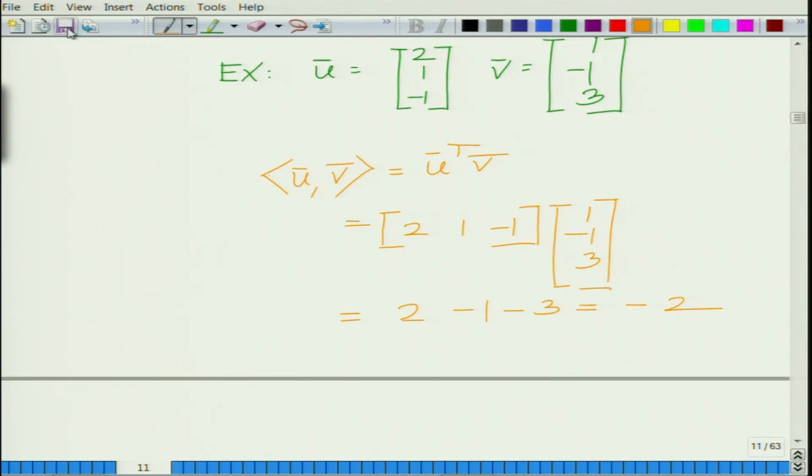So, that is a simple example for the inner product. You can also think of it as an element wise multiplication of two vectors and then an addition, that is u1 v1 plus u2 v2 and so on until un vn, okay.